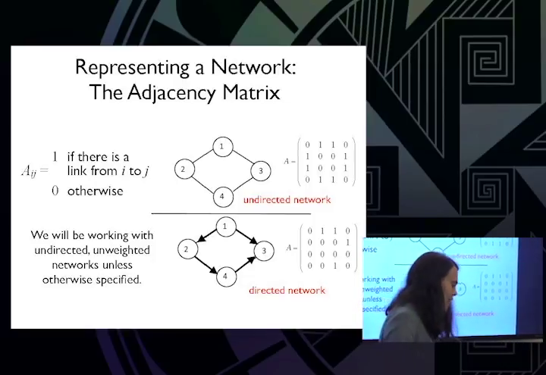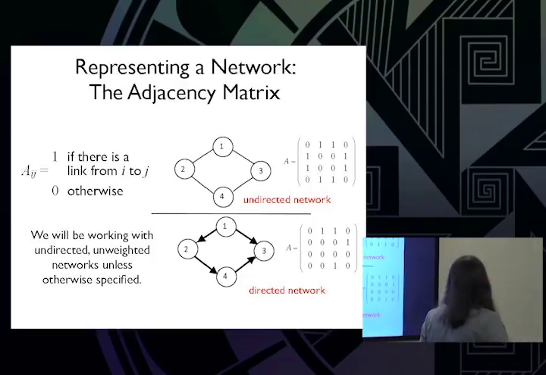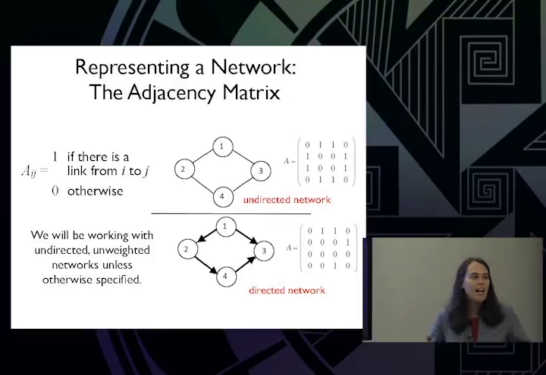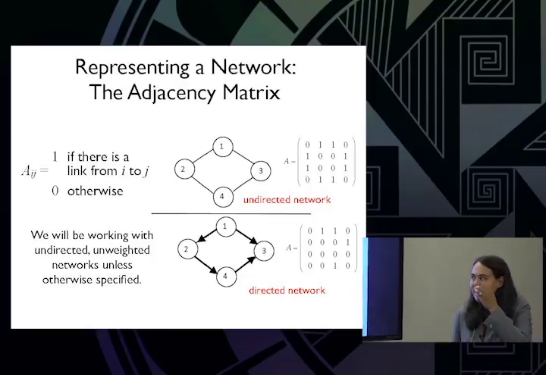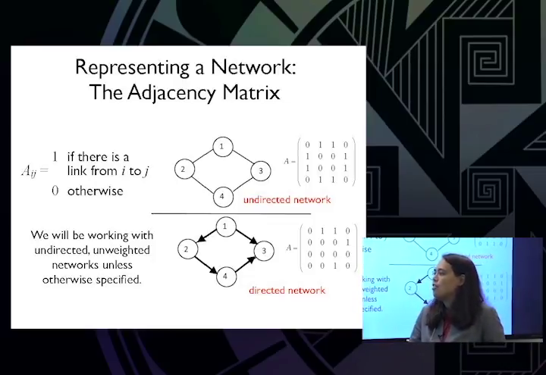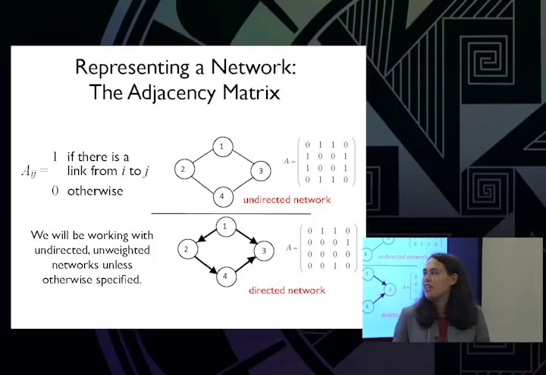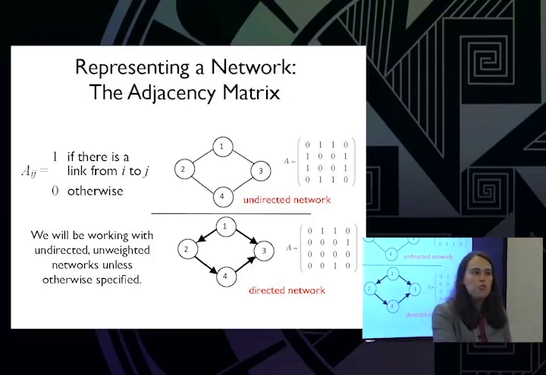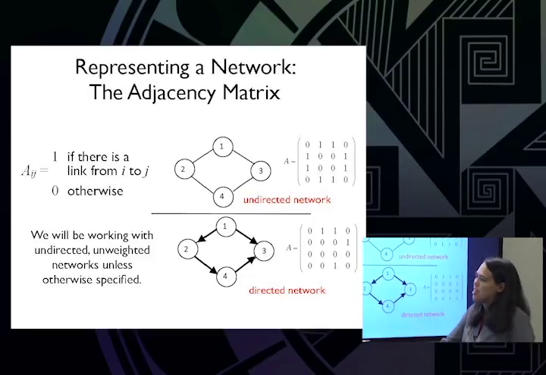Okay, so let's get started. How do we first analyze some of these systems? First we have nodes and edges. Let's first assume that all the nodes are binary. They exist or they don't. So I'm going to first represent the network with an adjacency matrix.